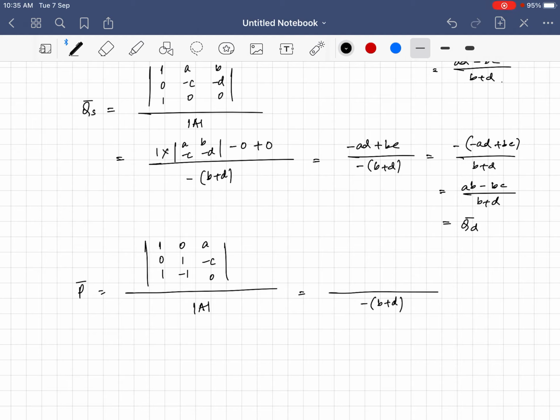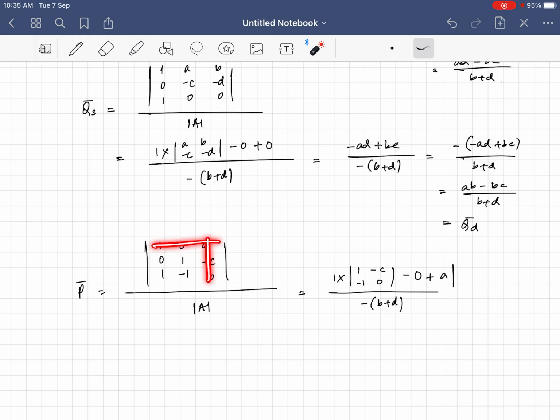the numerator becomes, we'll expand along row 1. Now what do we have? 1 into, you get 1 minus C, minus 1 0. How did you get this? Just cut this one, you get 1 minus C, minus 1 0. Now the next one will be minus sign, but it's 0, I don't need to write, plus A, and A will be multiplied with what?